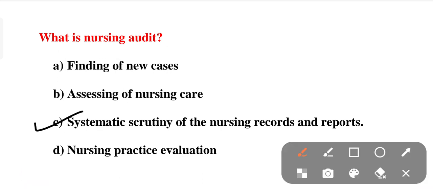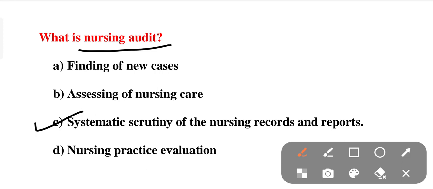So audit is nothing but a scrutiny or systematic analysis of the records and reports. In the case of nursing audit, the professors or the management will continuously or systematically see the records and reports regarding patient care.